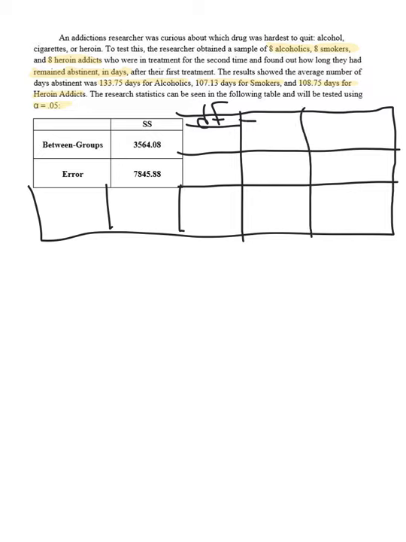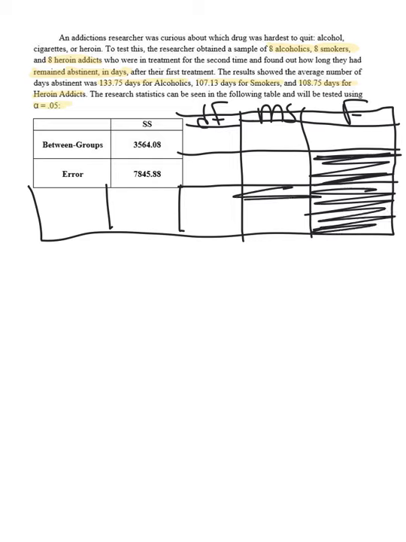Here is mean square, or your variance, and this is your F. We don't need this, we don't need this, and we don't need this. So this is what you want to look for. You've been given the hard parts. You've been given your sums of square between groups, your sums of square error. Now you need the total. And remember, if you use your table, you can go through all of this very easily.